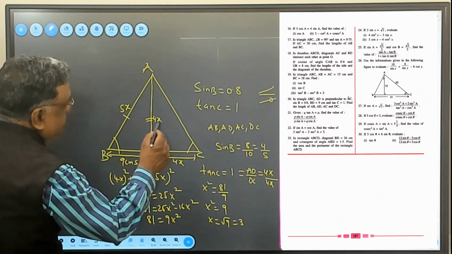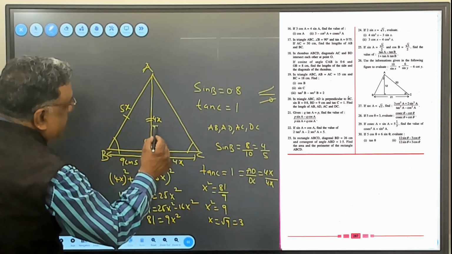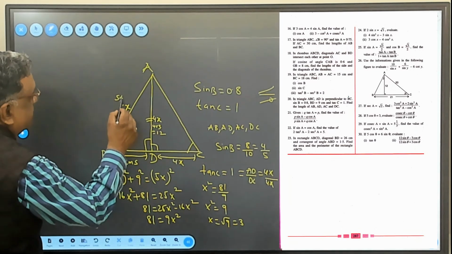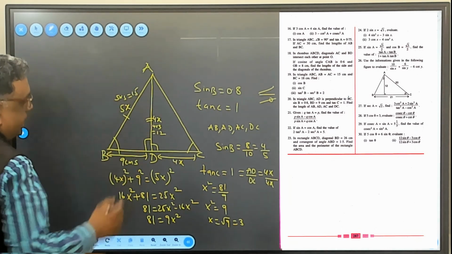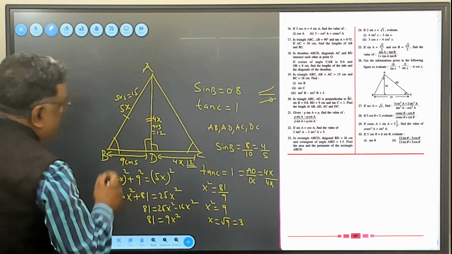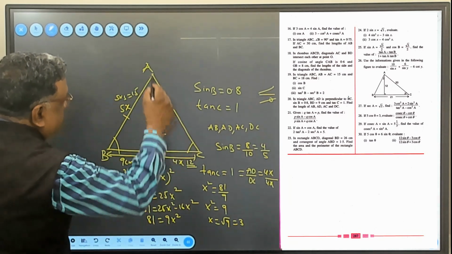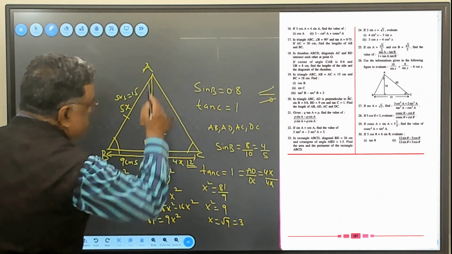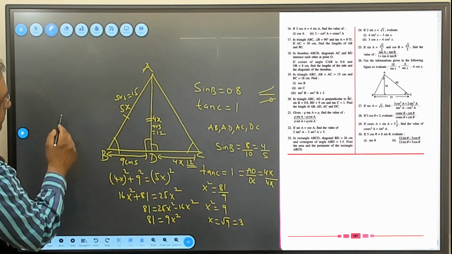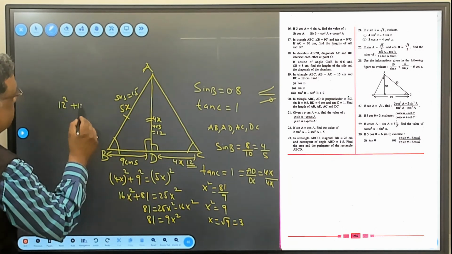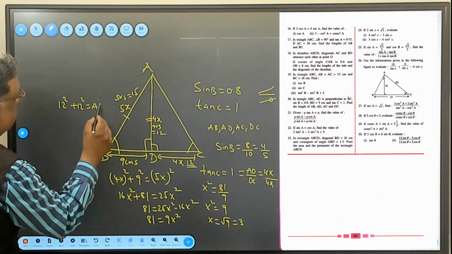So this will be 4 into 3. So this side is 12. This will be 5 into 3, so this side will be 15. This will be 4 into 3, so this side will be 12. So we could find this side, and this side. Now this side is remaining. So for this side, we'll apply Pythagoras theorem. 12 square plus 12 square is AC square.